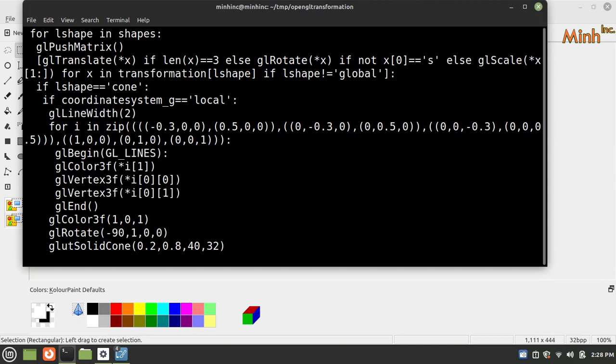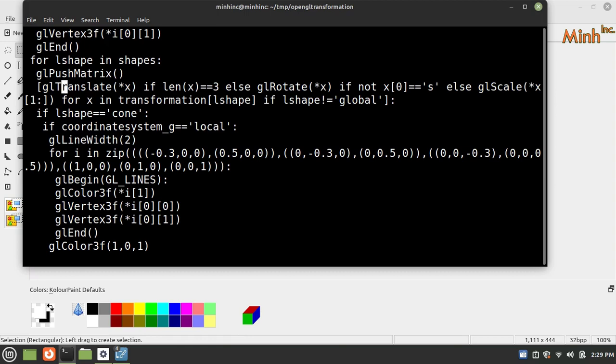okay, so we should go for general drawing, not only for cone. That should be the idea. Okay, so if L shape is cone, okay, so we are drawing it. I think it is not a good idea because we should draw for everything.